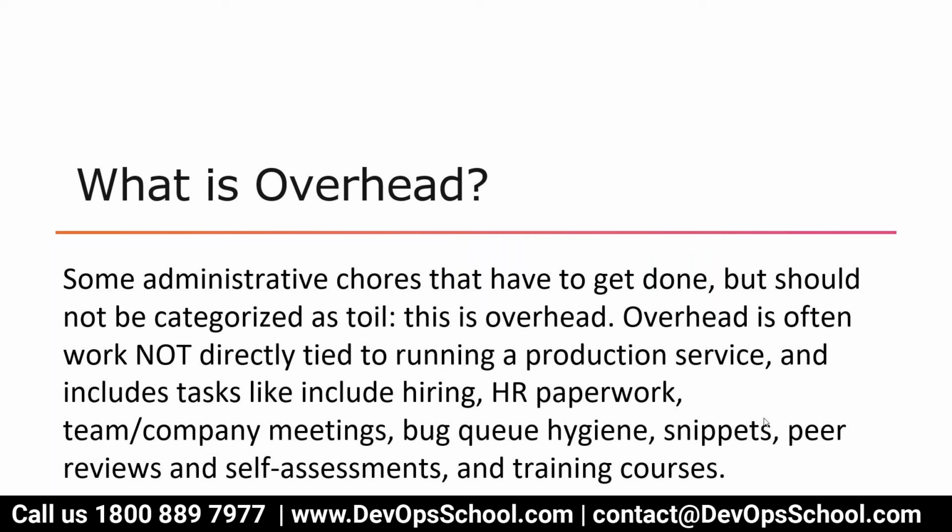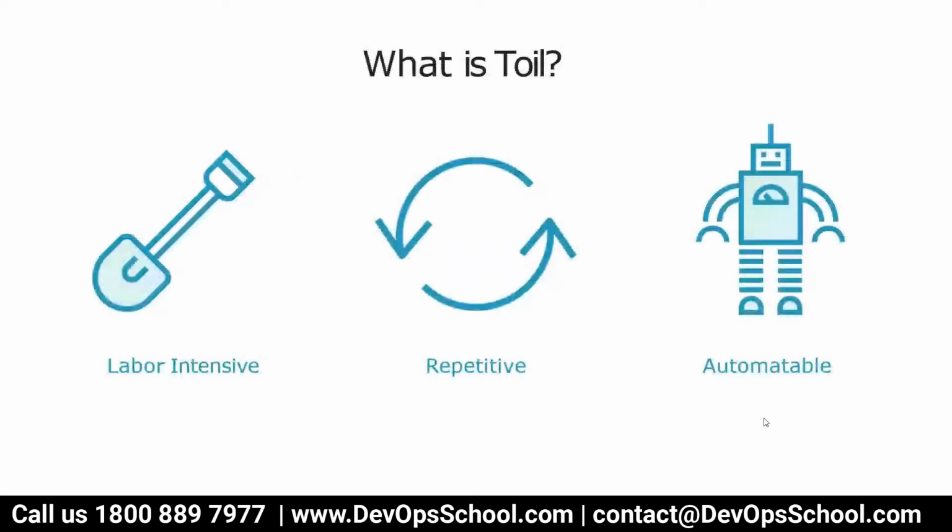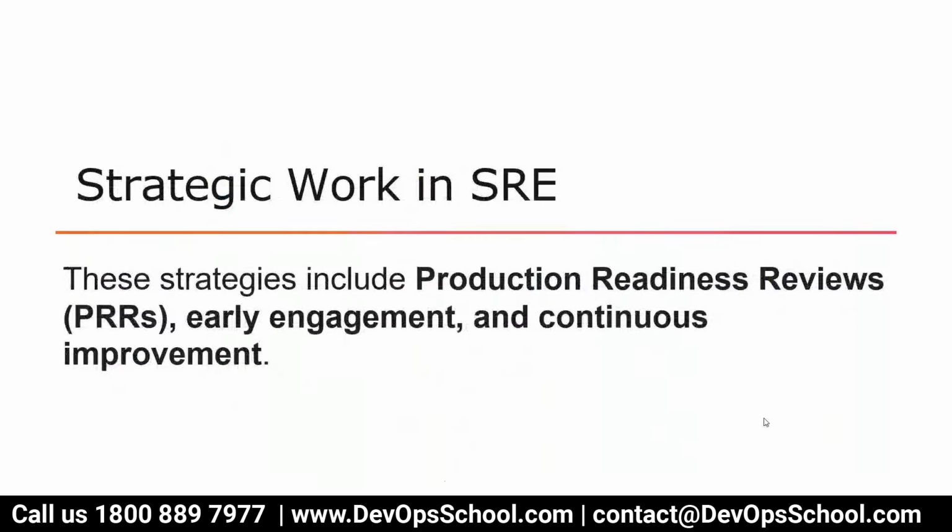Some administrative chores that have to get done but should not be categorized as toil. So this is called overhead. For example, let's say you have to be a part of birthday parties, training courses, team outing or some meeting work, some HR work, some interview process or something like that. So this is called overhead apart from the work which you do. And there's a third area which you call a strategic work in SRE. So there are three kinds of work which operations team will do. One is toil, second one is overhead, and third one is strategic work.